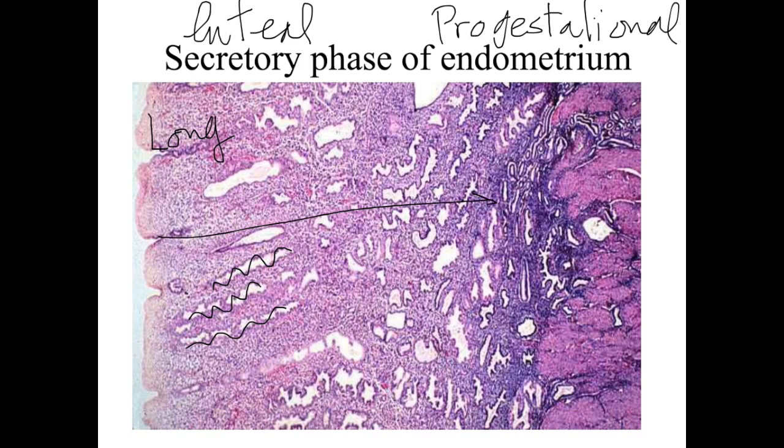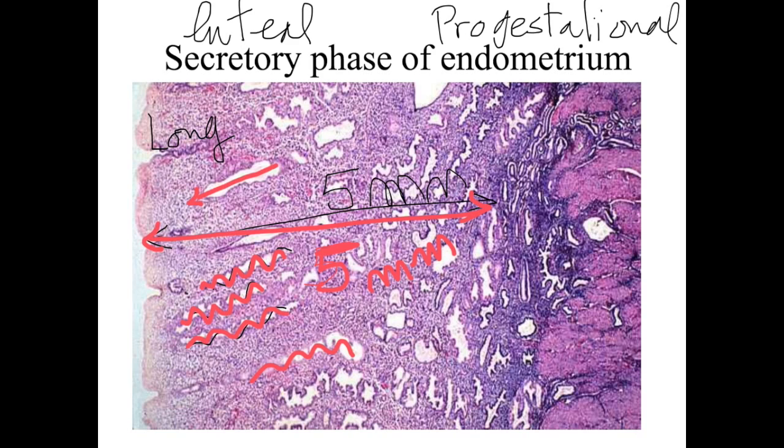Here the thickness at the end of this stage is about 5 millimeters. So I have an increase in thickness, an increase in the length of the glands themselves, and tortuosity of the glands, denoting that they are full of the secretion, which is glycogen.